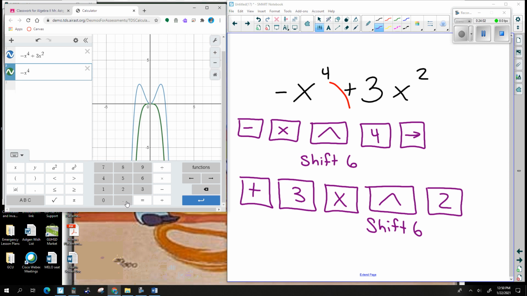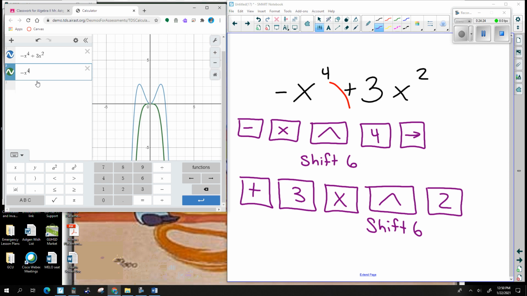I'm going to arrow over. I don't know how to get out of that. I'm going to arrow over. And then there would be plus 3x to the 2. Again, I'm physically arrowing over, so I get out of this exponent.